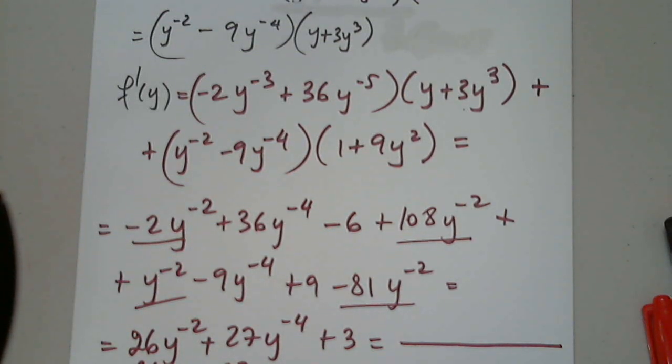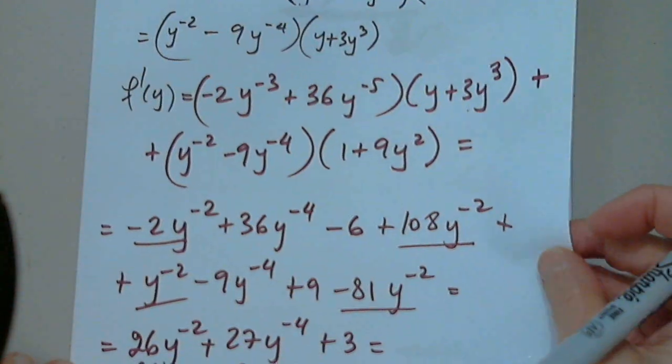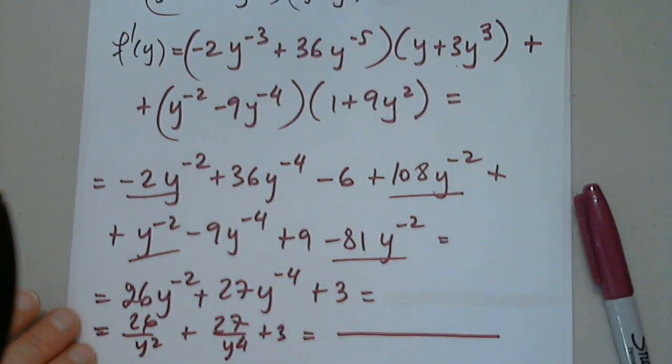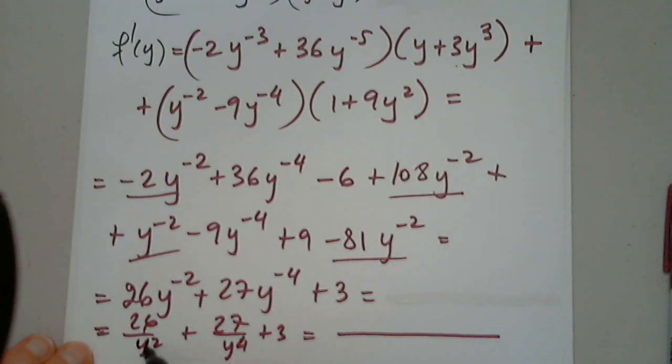And the least common denominator, can anyone give us the least common denominator? Y squared. So the greatest common factor is one thing, but the least common denominator is something else. It is a quantity that y squared goes into, y to the fourth goes into, and 1 goes into.